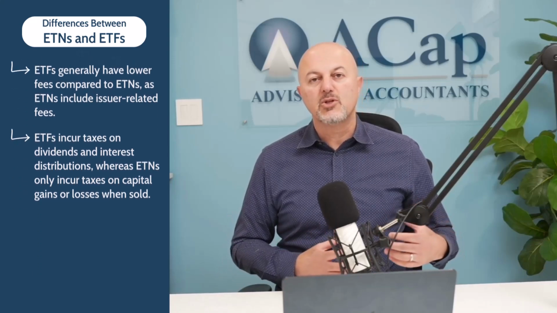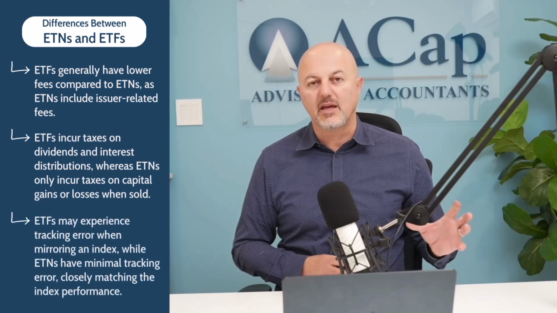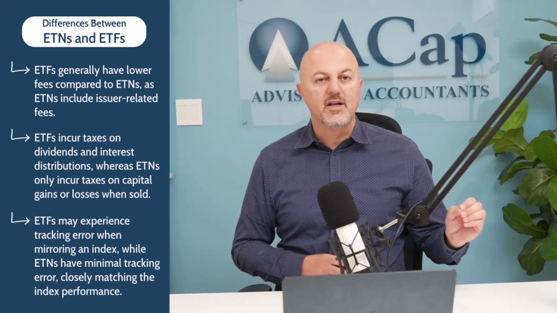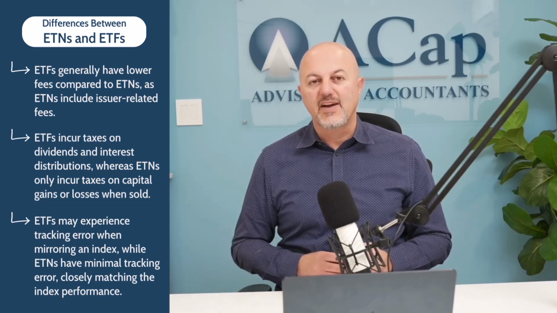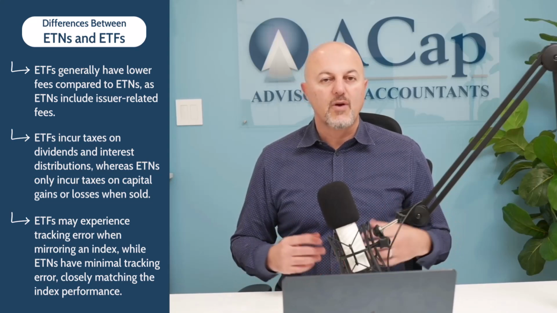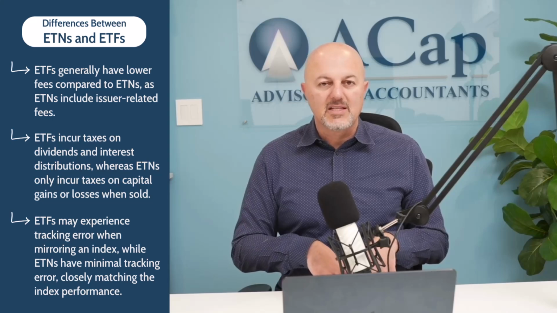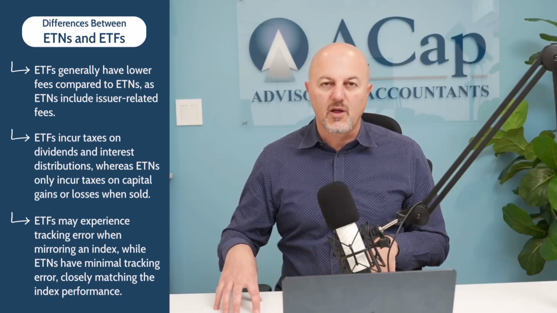Another key difference between an exchange traded note and an exchange traded fund is tracking error. An exchange traded fund has more tracking error than an exchange traded note. In fact, an exchange traded note has very little tracking error. Tracking error is how closely the performance of the fund follows the underlying assets.